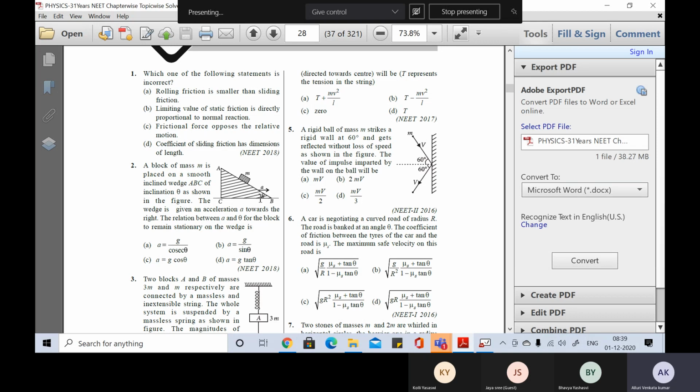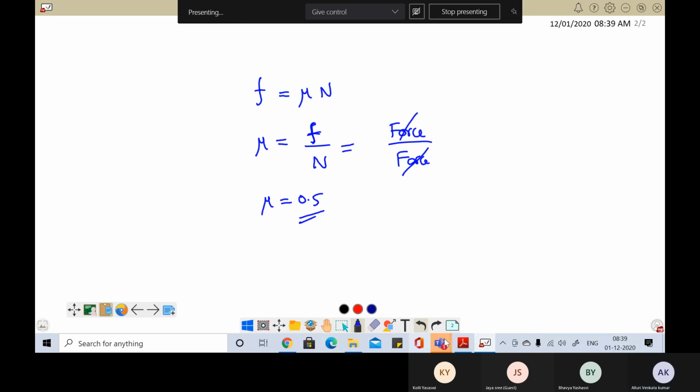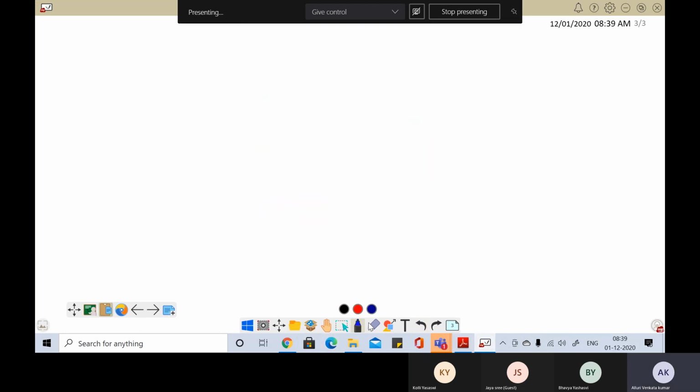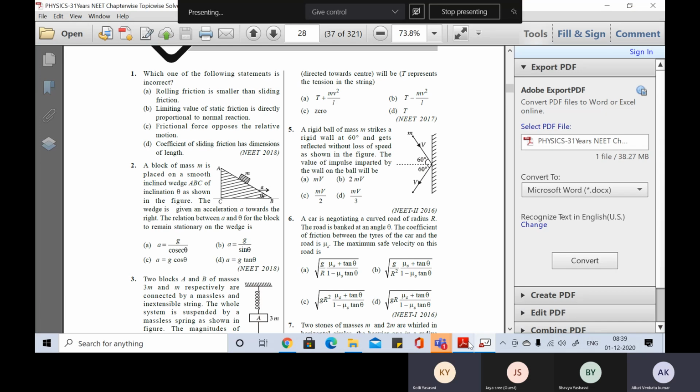Now generally when we move this wedge with some acceleration, this block can move either down the inclined plane or up the inclined plane. Correct or not? Yes, sir.